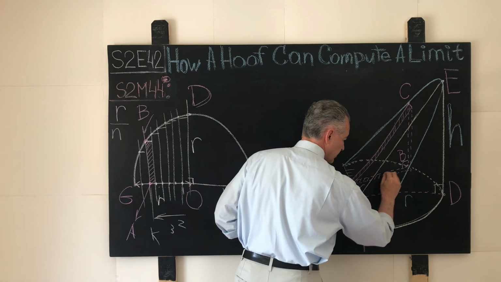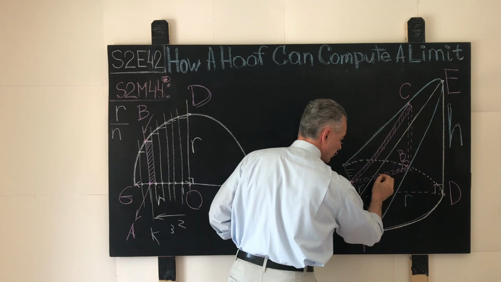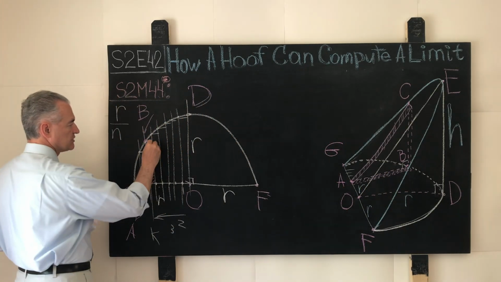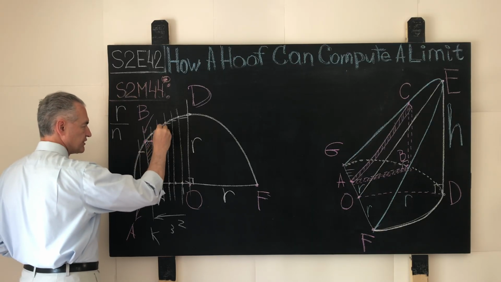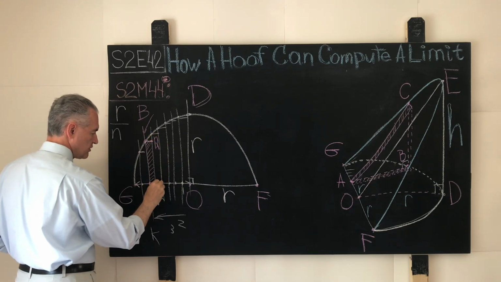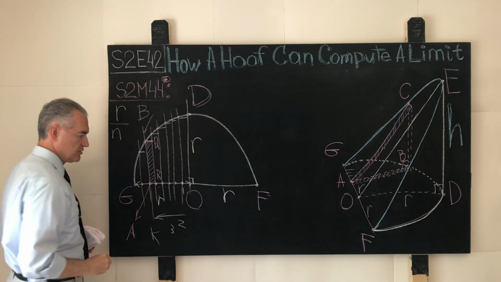This is the narrow strip. Let's name this point Q, and let's name this point R.